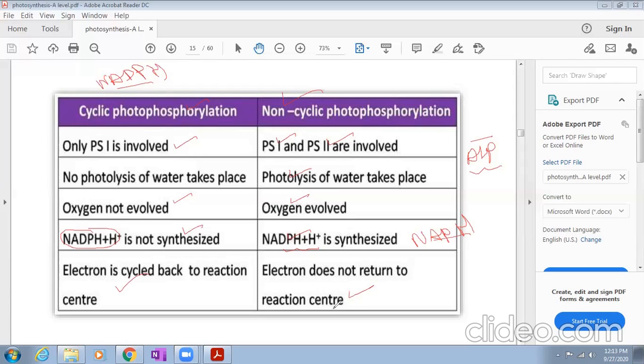If it doesn't return, where does it go? It is received by NADP, and that NADP is converted into NADPH. So the final electron acceptor in non-cyclic photophosphorylation is NADP, while in cyclic photophosphorylation, the electron is cycled and comes back toward photosystem 1, from where it was excited.